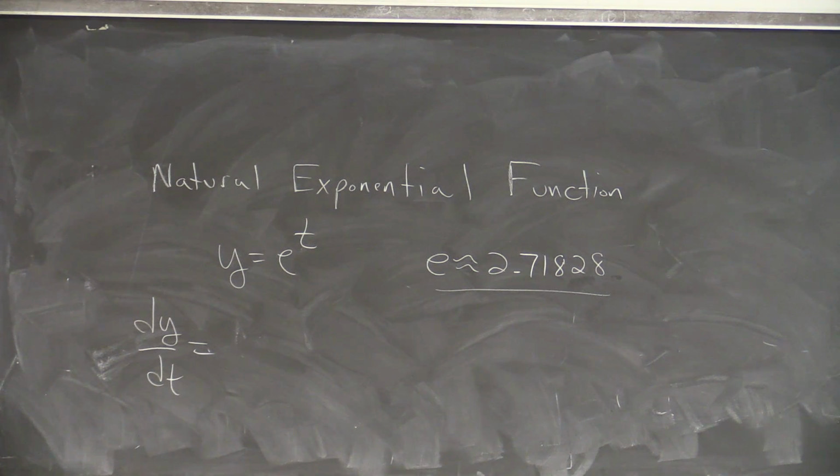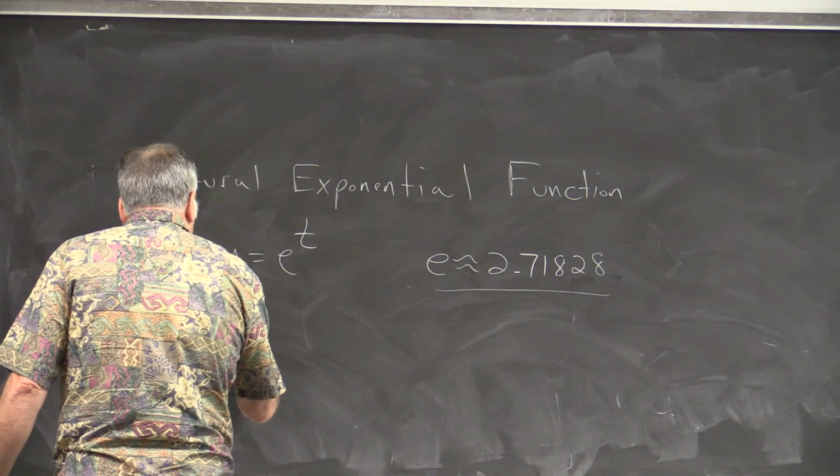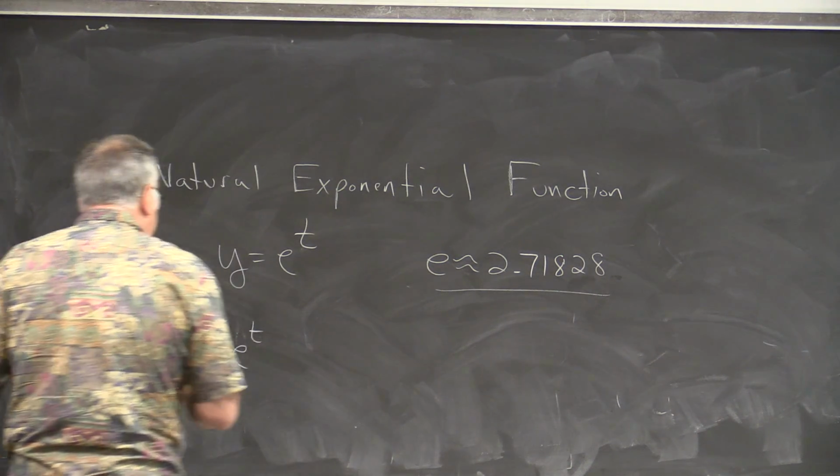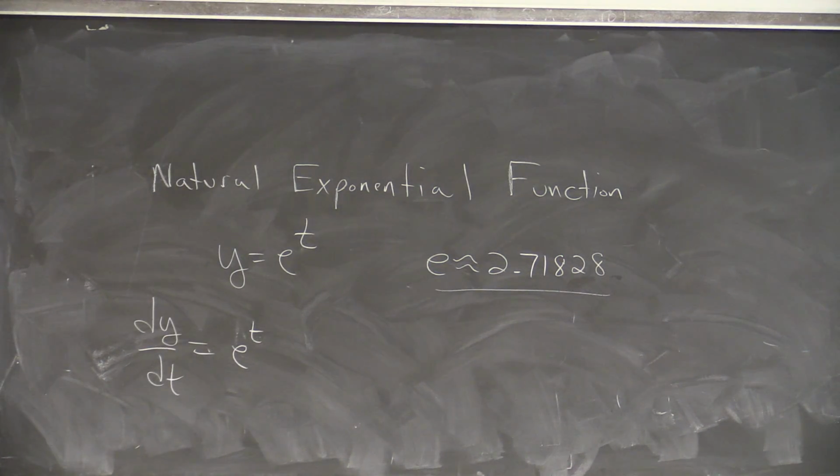It's e to dt. Just e. So that makes things very convenient for us. Makes it very easy to calculate the derivative. That's a reason why we want to use this natural exponential function, because we're dealing with derivatives, and derivatives are going to be very easy to find.